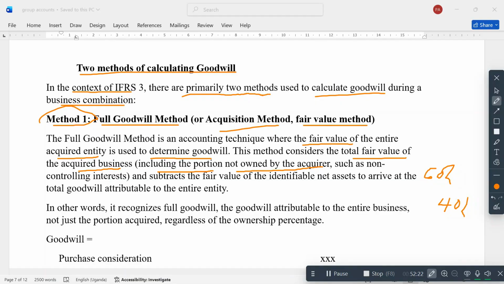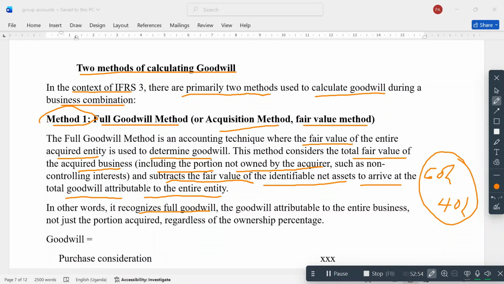This method says we are going to consider the total fair value, that is 100%, of the acquired business, including the portion not owned by the acquirer, such as non-controlling interest, and subtract the fair value of identifiable net assets to arrive at the total goodwill attributable to the entire group. In other words, it recognizes full goodwill.